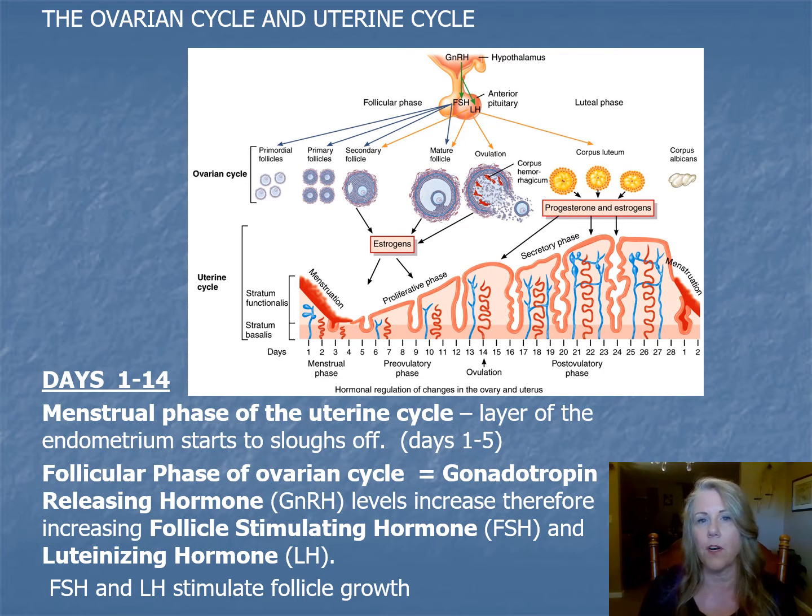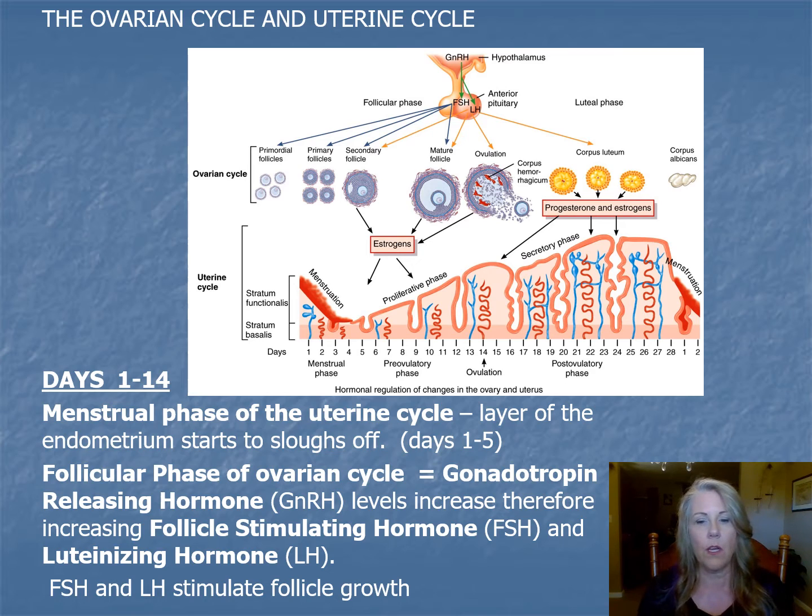Now let's flip over and think about what's going on in the ovary. So we're looking at what's happening in the ovarian cycle, and I hope that you're looking at the picture. In the ovarian cycle, we're in the follicular phase. Follicular phase should remind you of follicles.